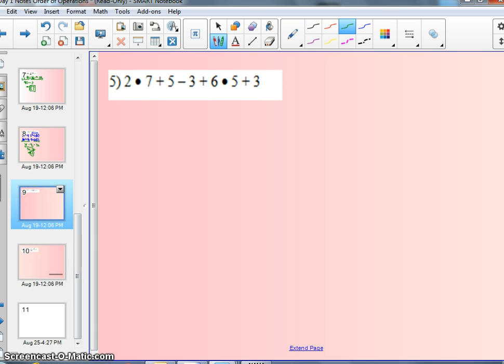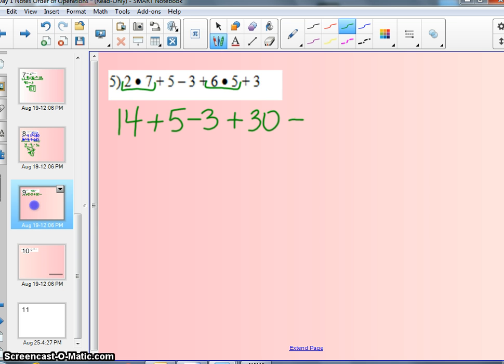All right, 2 more. Number 5. So no parentheses, no exponent, so let's go ahead and do multiplication. I have a 2 times a 7 and a 6 times a 5. So 14 plus 5 minus 3 plus 30 plus 3. No more multiplication or division, so then we just add and subtract from left to right.